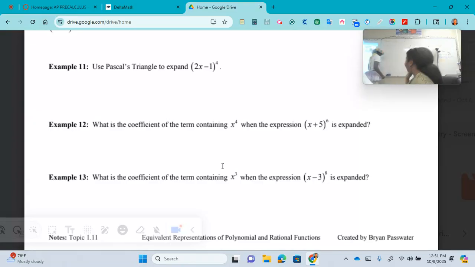Excellent. Beautiful. Now, we're looking for the coefficient of the term containing x to the 4th. This is our 6th level.